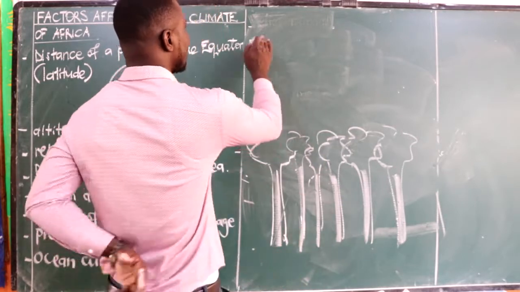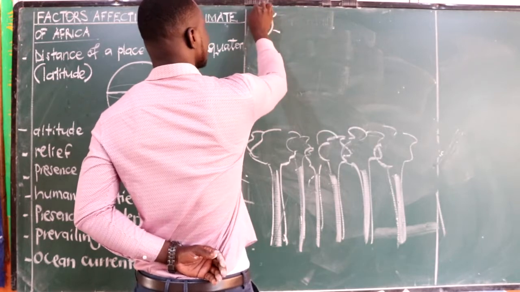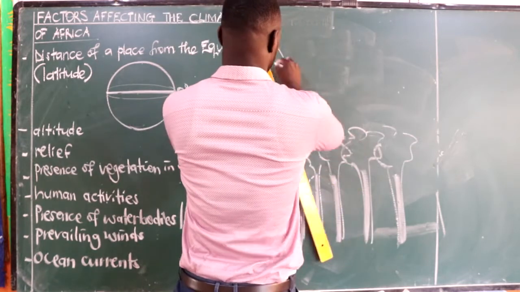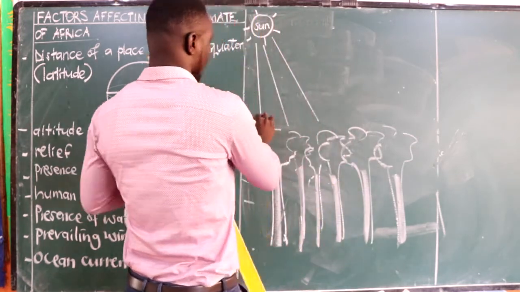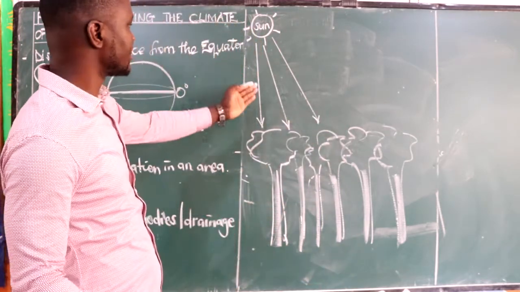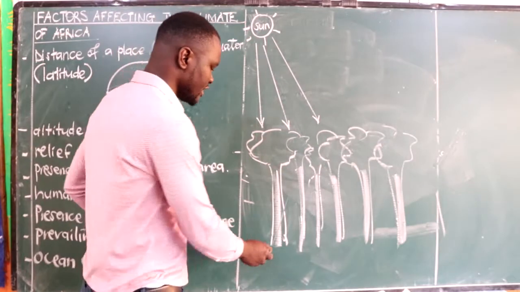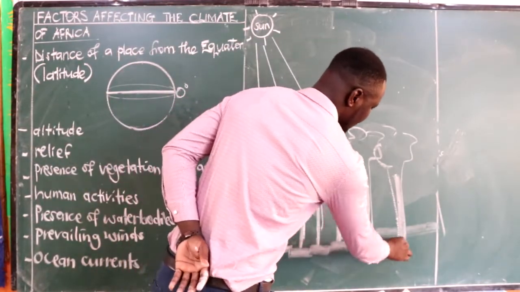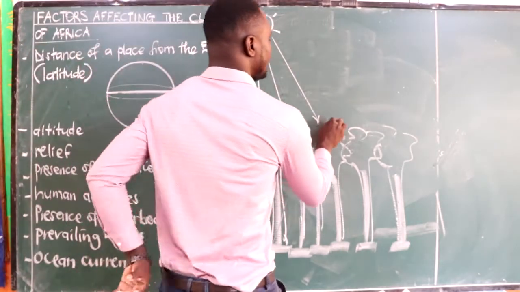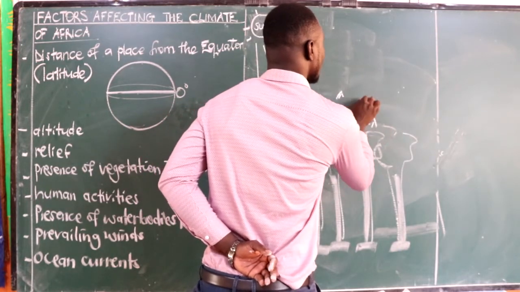Of course, we shall realize that when the sun shines, these are the sun rays hitting the forests. What happens is, we say that trees tend to lose the excess water into the atmosphere in form of vapor. That is through the help of the leaves, that is the stomata.